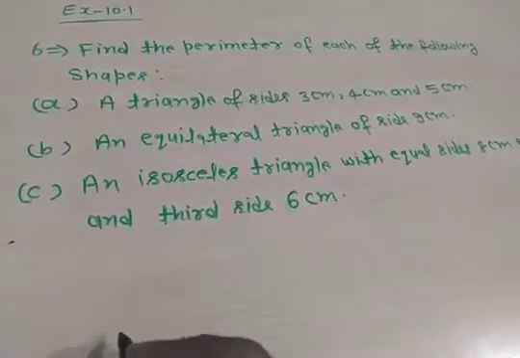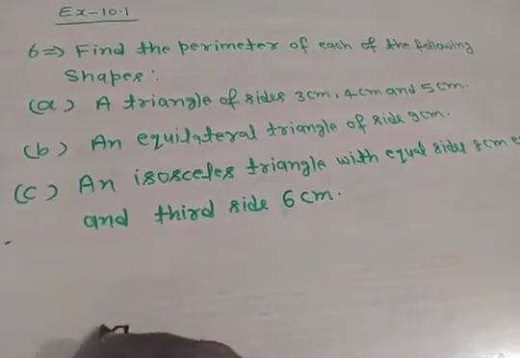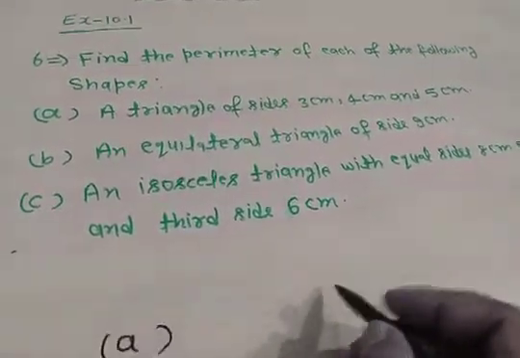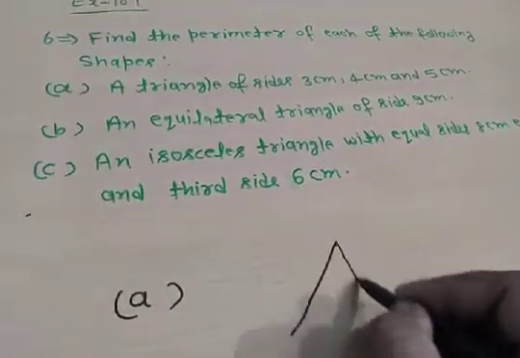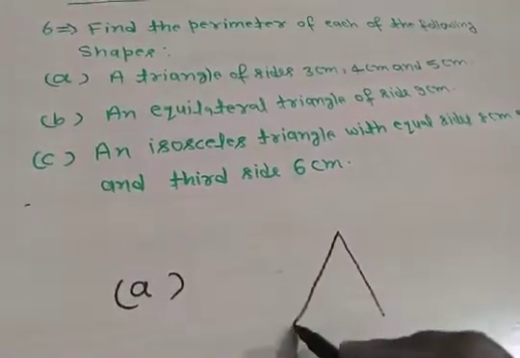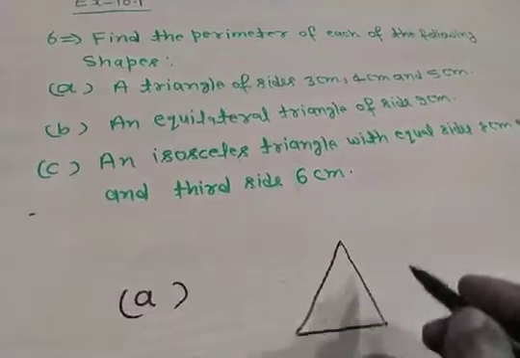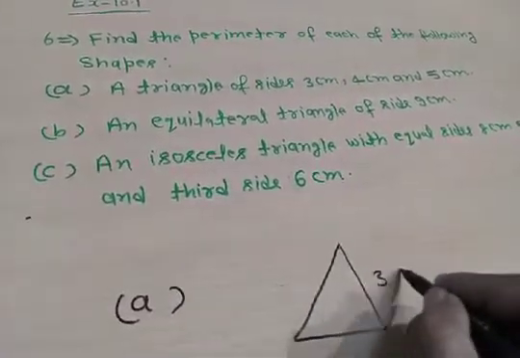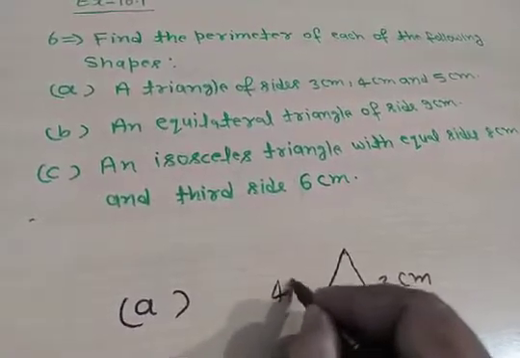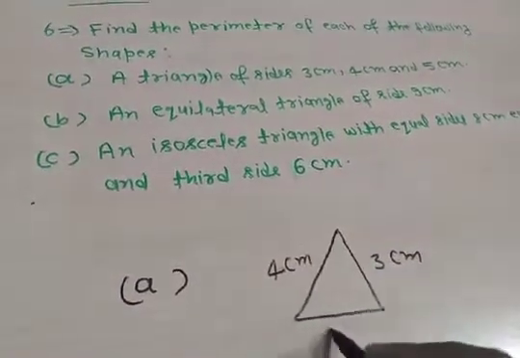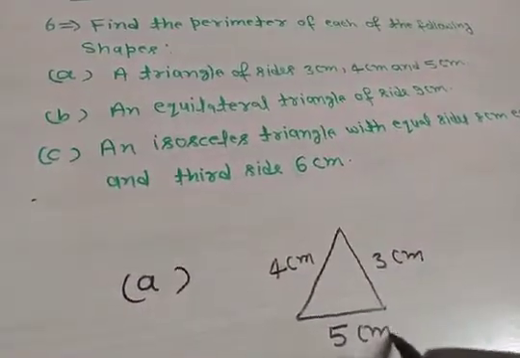First we solve the first part, the triangle. Suppose this is a triangle. This is 3 centimeter, 4 centimeter, and this is 5 centimeter. Clear?